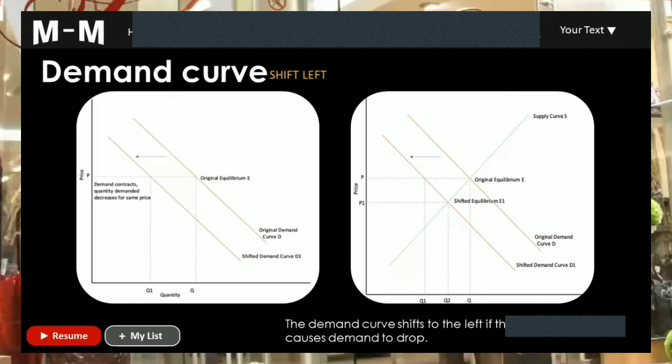However, the entire demand curve can also shift left or right without moving up or down on the y-axis. This means the demand changes independently of the price. A leftward shift in the demand curve indicates a decrease in demand because consumers are purchasing fewer products for the same price.